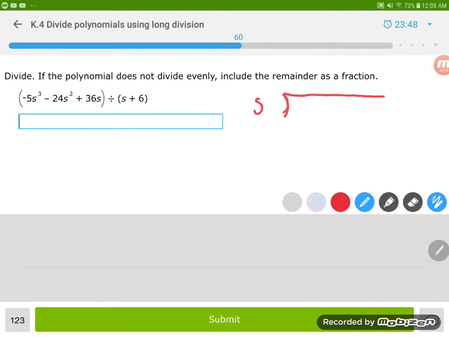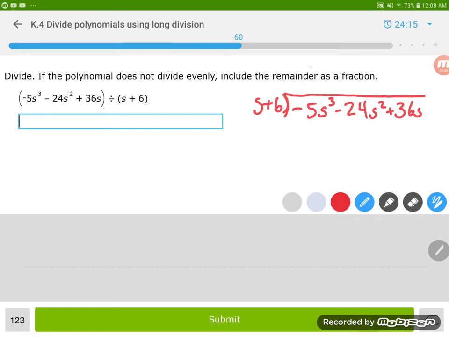Alright, we have s plus 6, and we have negative 5s cubed minus 24s squared plus 36s. Okay, so same deal. We want to find out, s can divide into negative 5s cubed how many times?